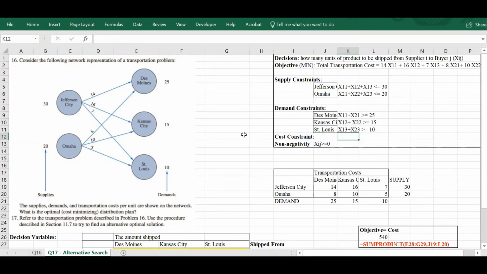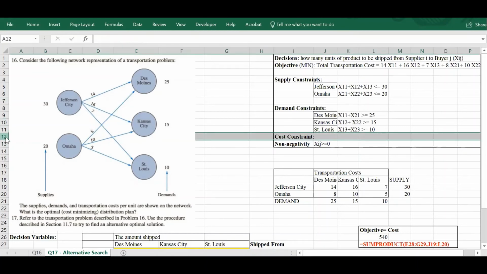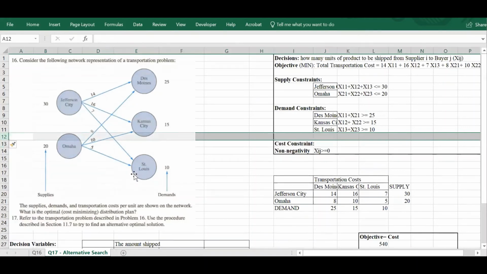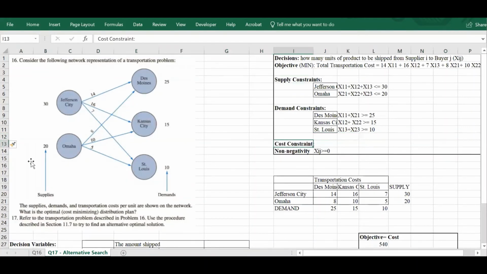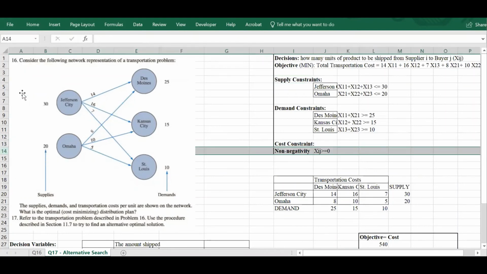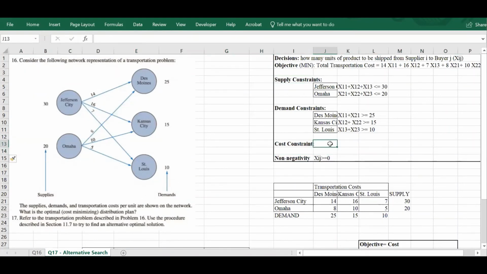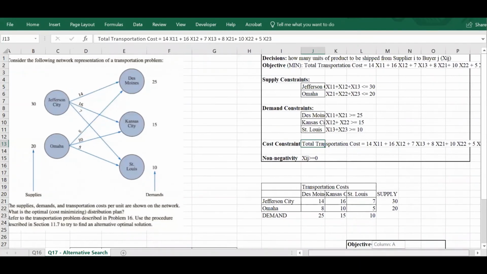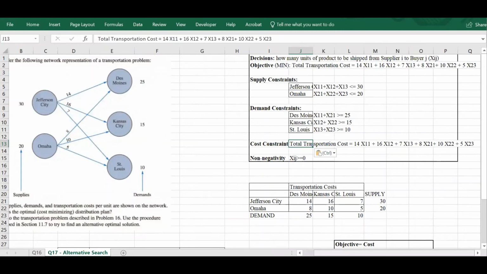Let me add one more row here for the constraint. The total transportation cost should stay at the optimal level, equal to 540, since I'm looking for another alternative solution.